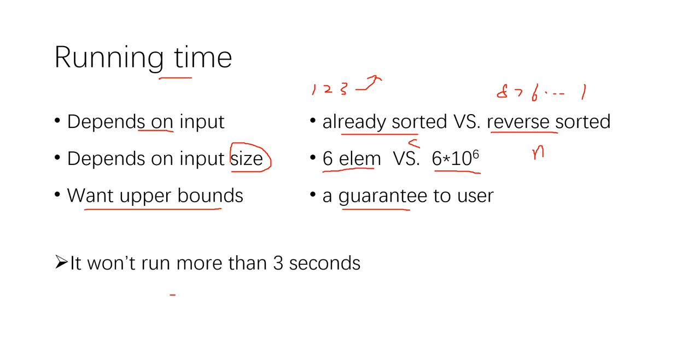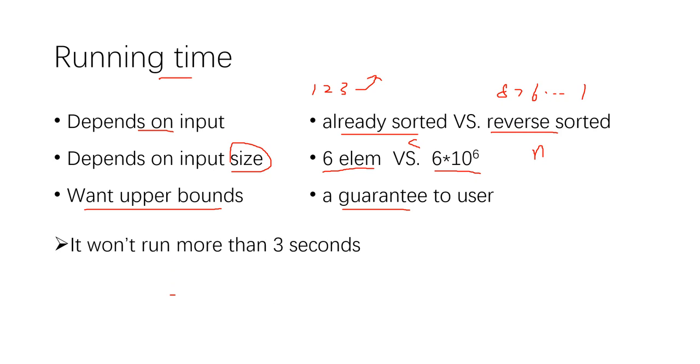For example, if you say this program I give to you won't run more than 3 seconds, then you know it will finish in at most 3 seconds. So you can do some real-time setting. The longest time we'll spend on this part would be 3 seconds. So that is a guarantee to you.